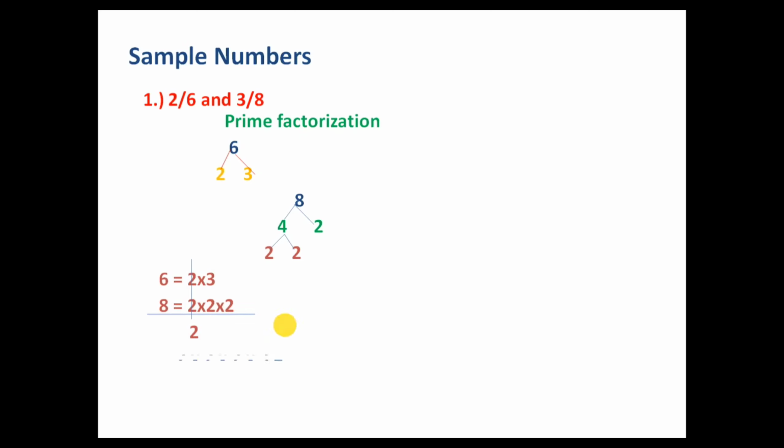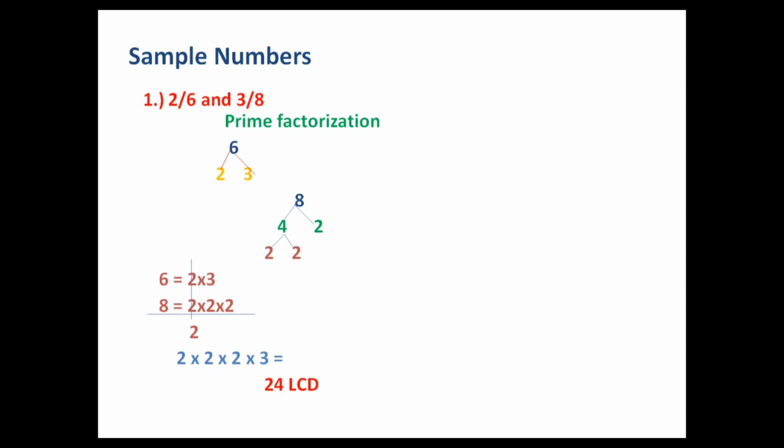So 2, 2 times this number, 2 times again this number, 2 times 3. Then just multiply it and you will get the LCD. So 2 times 2 times 2 times 3 gives you 24. So our LCD is 24.